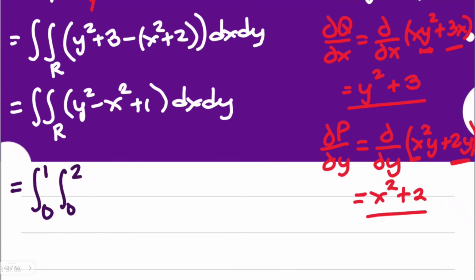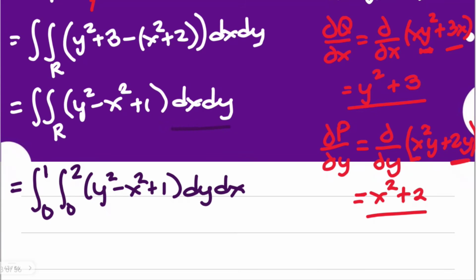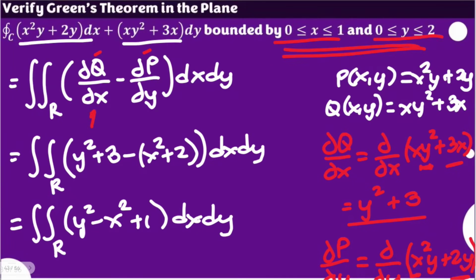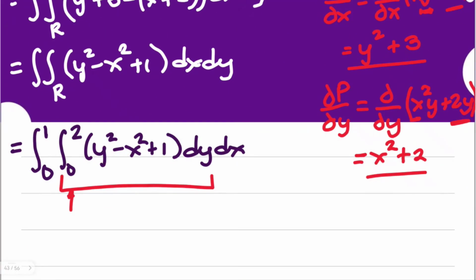So if we continue this, y squared minus x squared plus 1, it is right to assume that you will have dy dx rather than this, because the innermost integral, which corresponds to 0 to 2, corresponds to your region for your y. That's why we arrange it dy and dx.